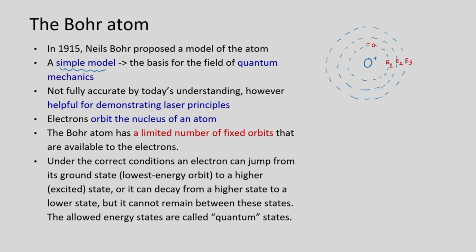Now, during the operation or under certain correct conditions, we can say that an electron can jump from its ground state, that is the lowest energy orbit, here E1, to a higher state, that is the excited state. So, the higher state here may be E2.